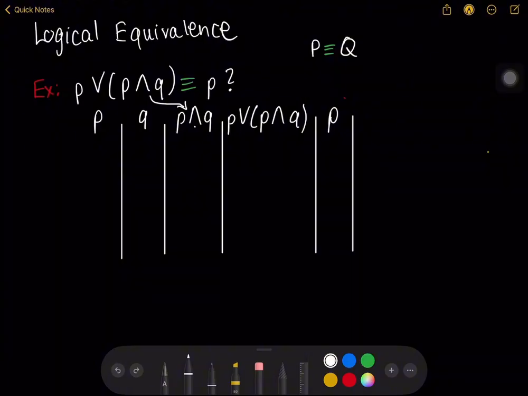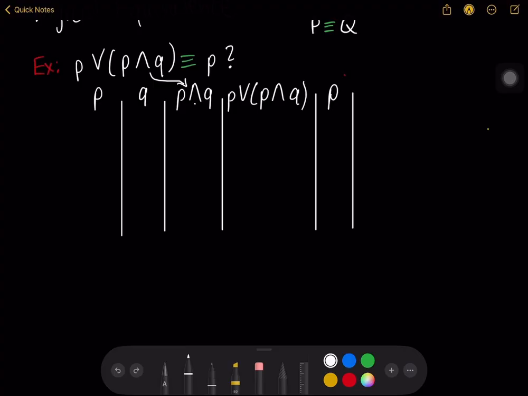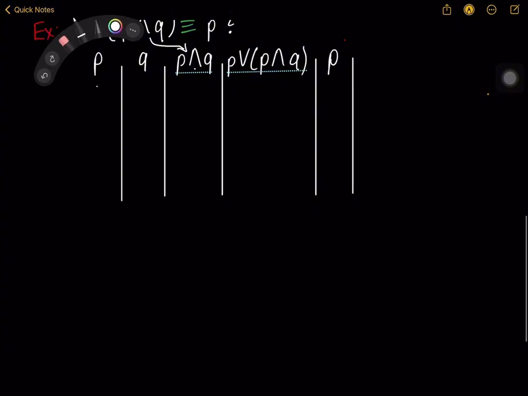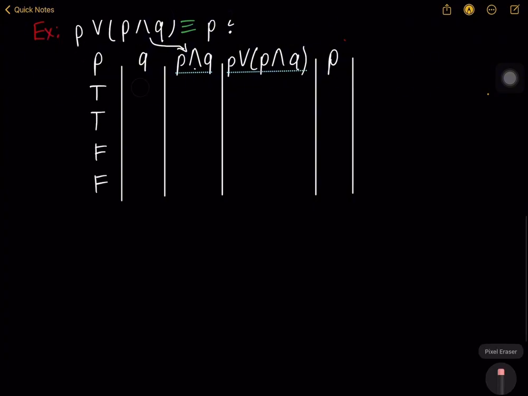Okay, so how many rows should we have in here? As in the last video, you guys can check it out. We have 2 variables, so we need 2 to the power of 2. 2 squared is 4, right? So we need 4 rows. So we have true, true, false, false, and then true, false, true, false.